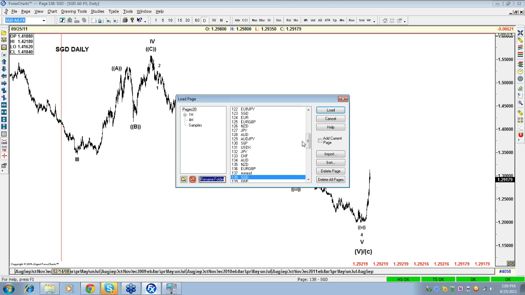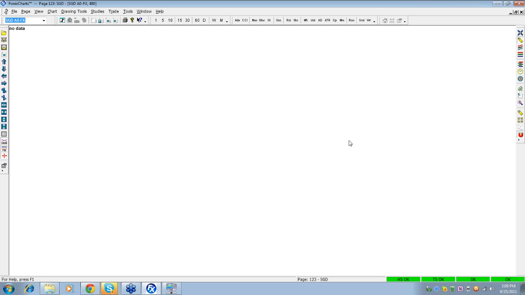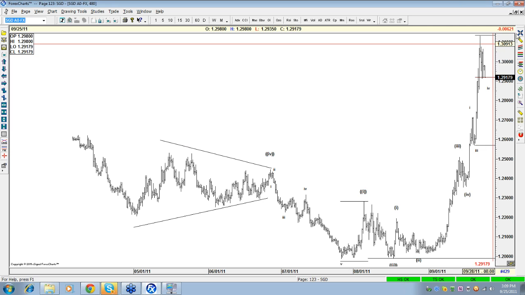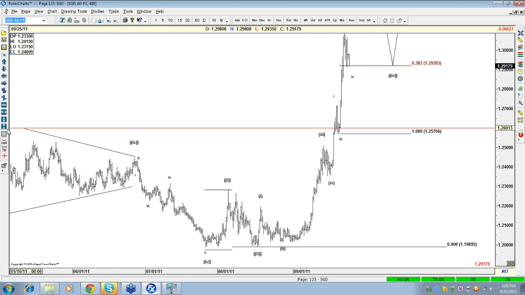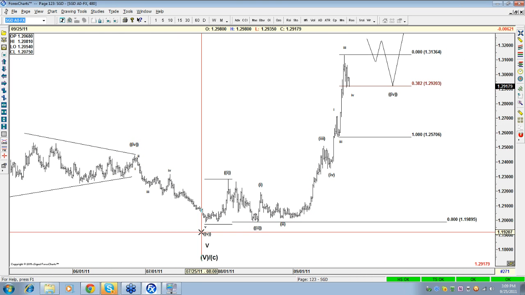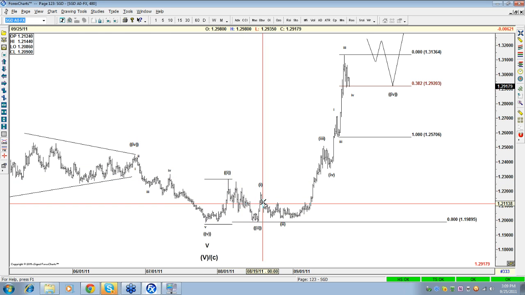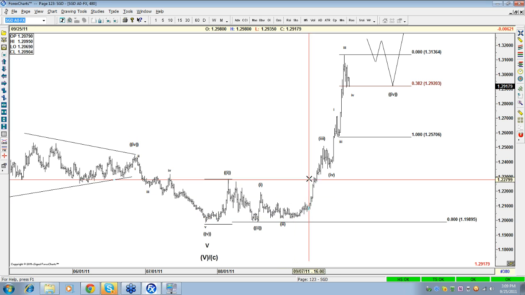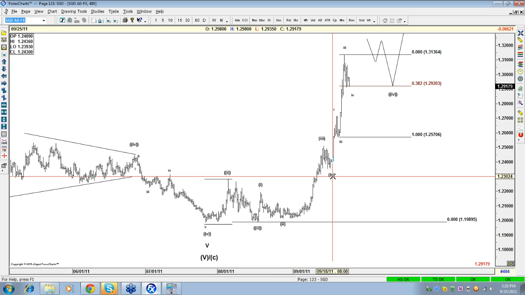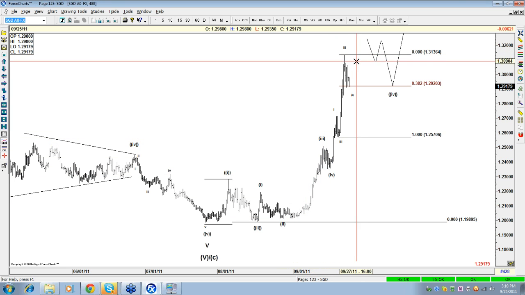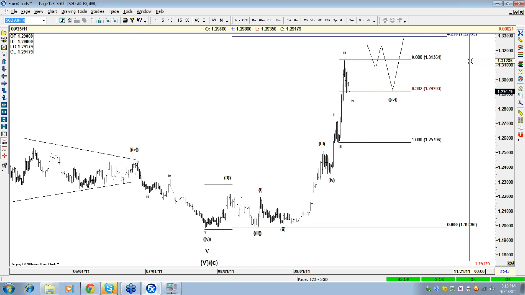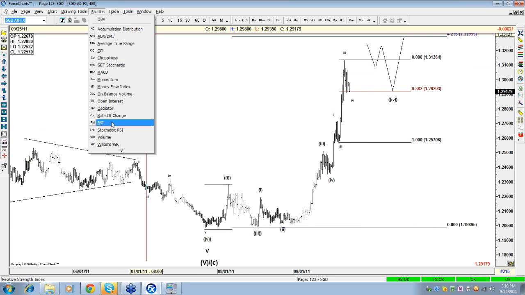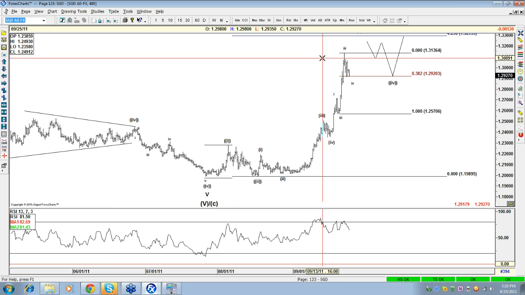I'm getting to my point, which is look at the 4-hour chart. From here, also it looks 1, 2, 1, 2, then 3, 4, 5. It looks like it's doing an extended wave 5. There is divergence in here.